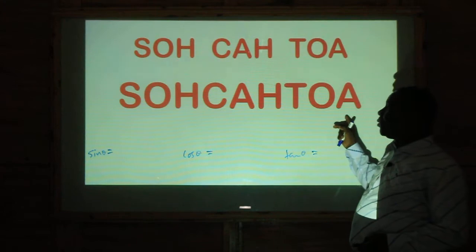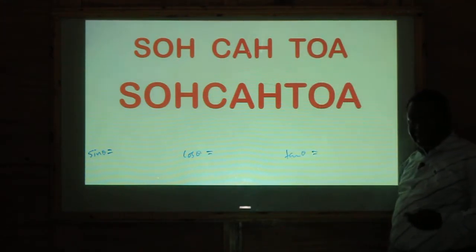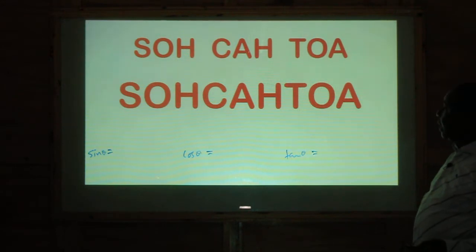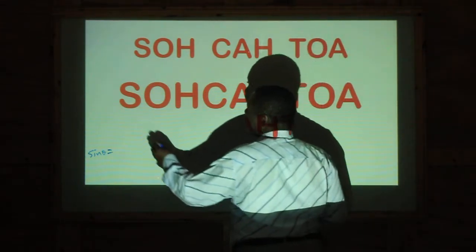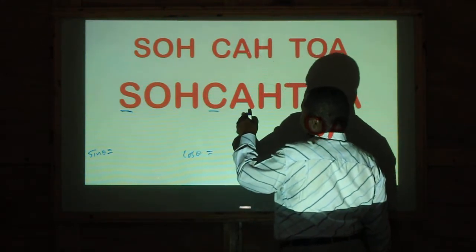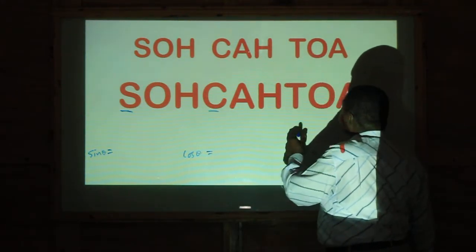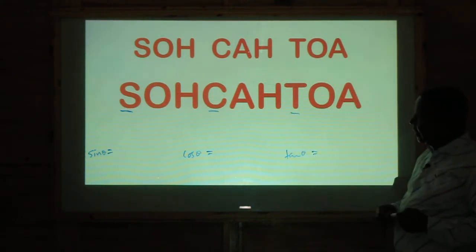If you are able to memorize this word, it can always help you in working out the ratio of all these three trigonometrical ratios. Sine is opposite all over hypotenuse, cos is adjacent all over hypotenuse, and finally tan is opposite all over adjacent.